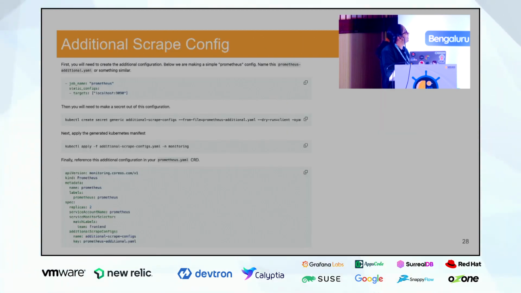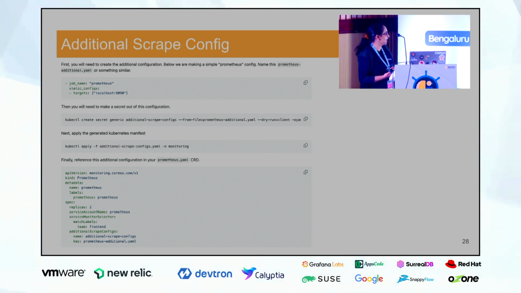I will just explain why we needed the ScrapeConfig. Before having ScrapeConfig, we already had one feature available in the operator called additionalScrapeConfigs. Using this, you can specify the Prometheus config, like the job name and the static configs, and you need to create a secret out of this YAML.